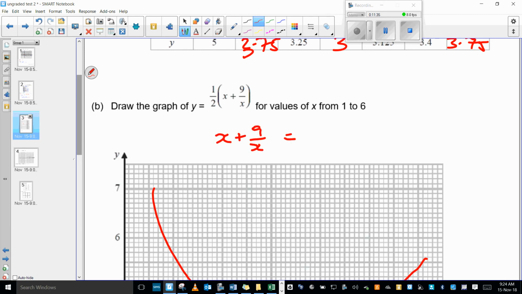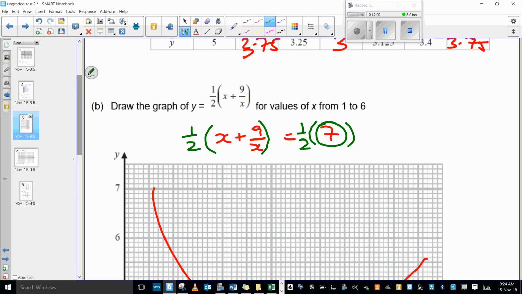But look, the graph we just drew was a half of this. So we're not going to draw a line horizontally at 7. We're going to remember that we've got a half in front of it. So whatever you do to one side, you do to the other. There's a half on top as well. Yeah, that is that graph.